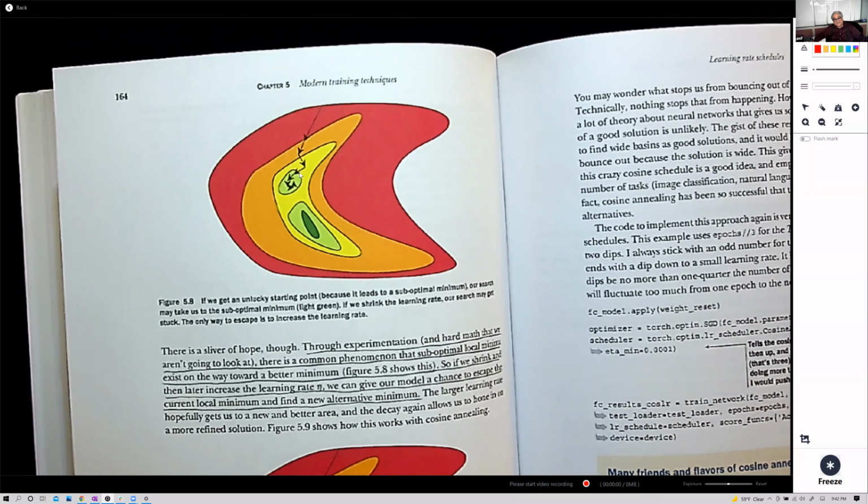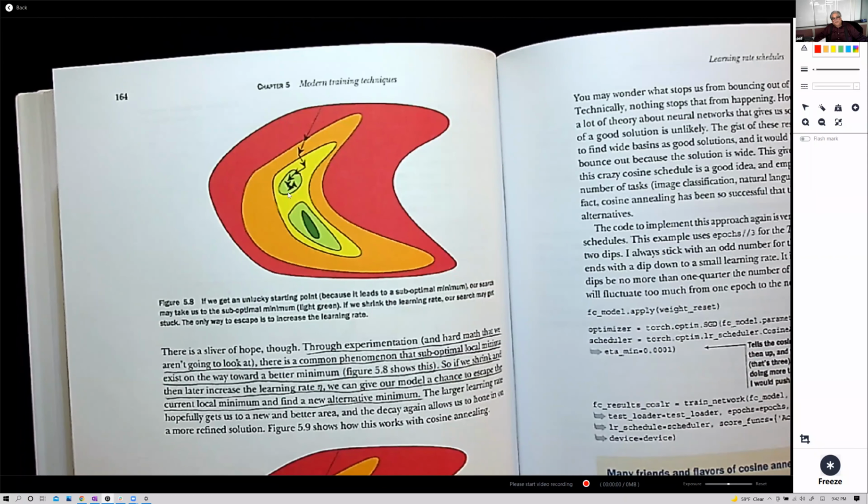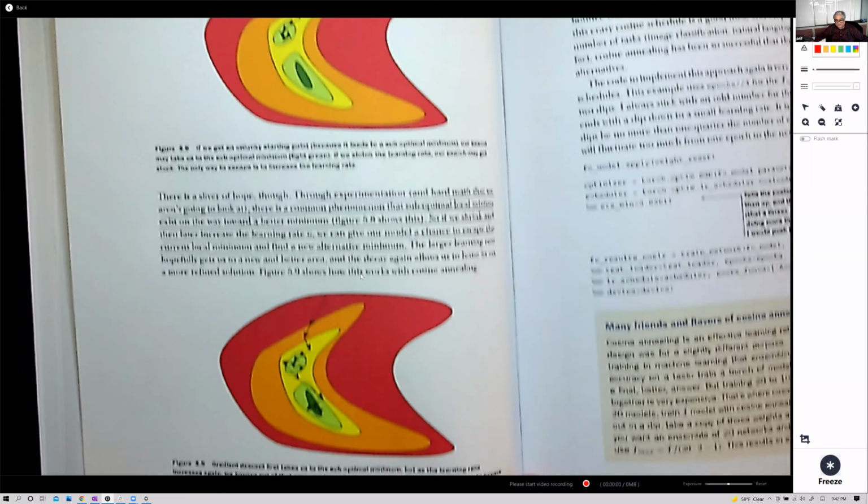If your learning rate remained fixed, or any one of the other things, what will happen to you in this local minima? You will get stuck. Do you see that? But this local minima is actually on the way to the global minima. So if somehow you could reheat your way out of it and bounce out of it, you would be well on your way to the better minima, which is in the lower half of the picture.